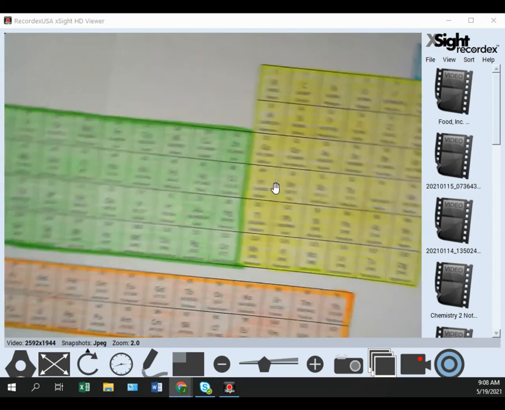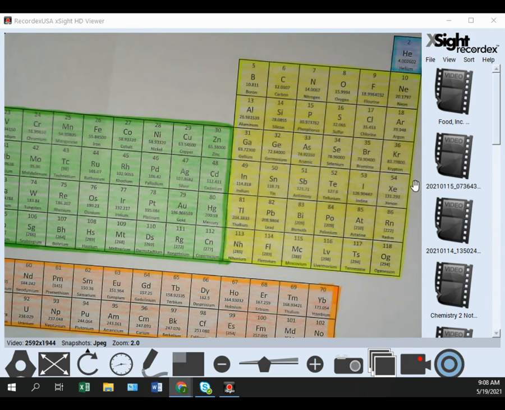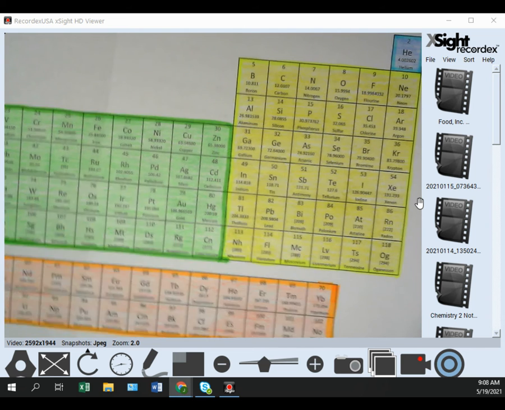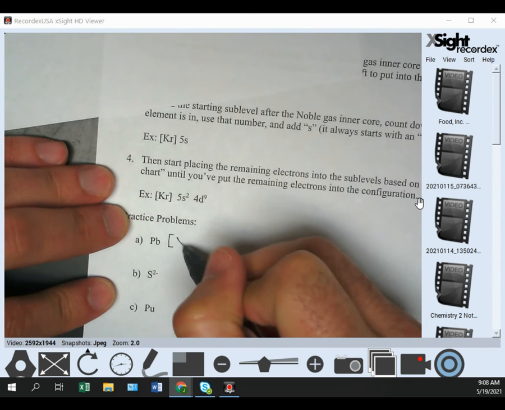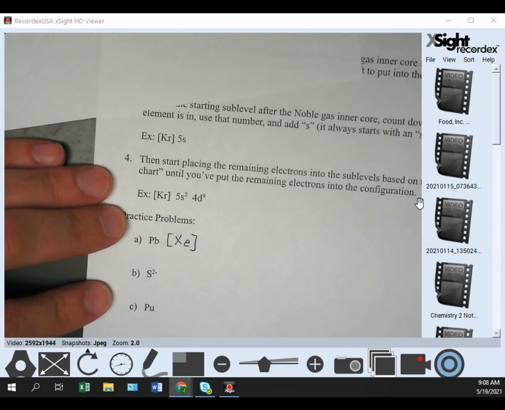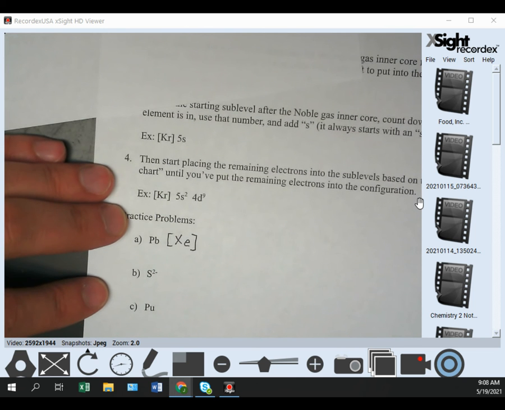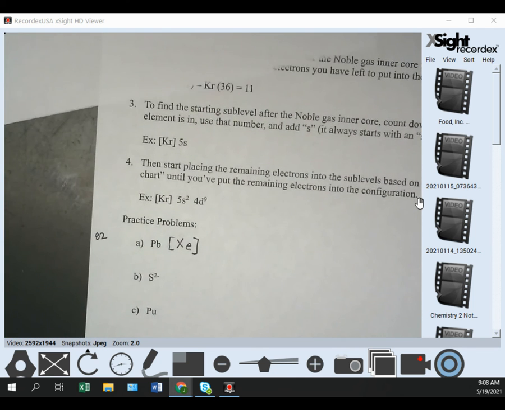Okay, to find the noble gas inner core for Pb, we're going to go up one and all the way to the right. Xenon, Xe. So we are going to put Xe in brackets, like this. Everybody good with how we found that?